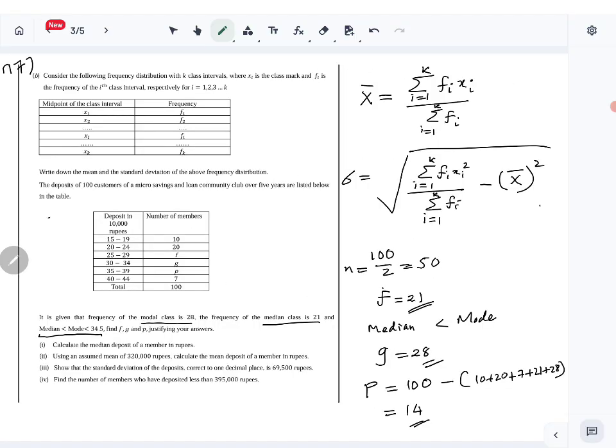Median done. Now we have to find the mean. We have been given an assumed mean of 320,000. Using an assumed mean of 320,000, calculate the mean deposit of a member in rupees.